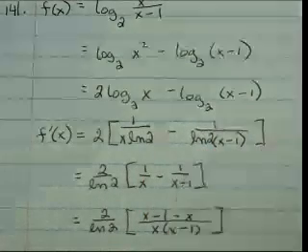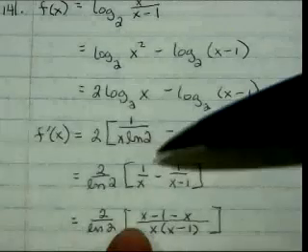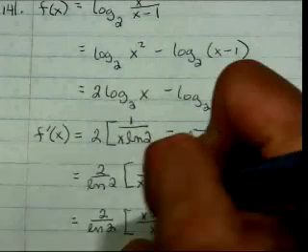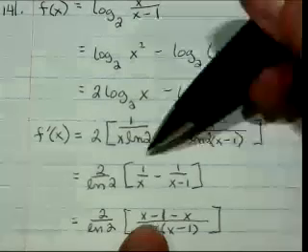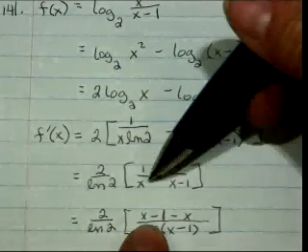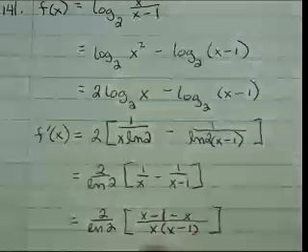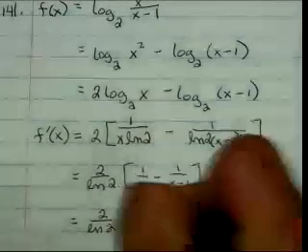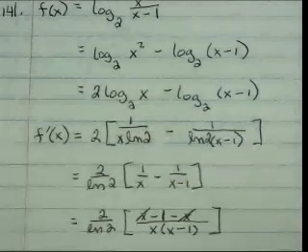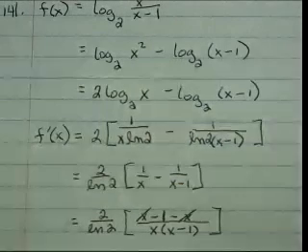So this, that's a 1. First fraction was multiplied by x minus 1 over x minus 1. Second fraction was multiplied by x over x. So x minus x is 0. All that leaves in the numerator is negative 1.